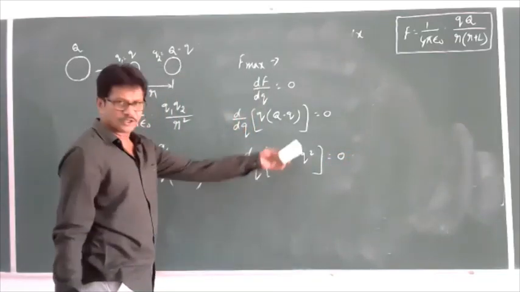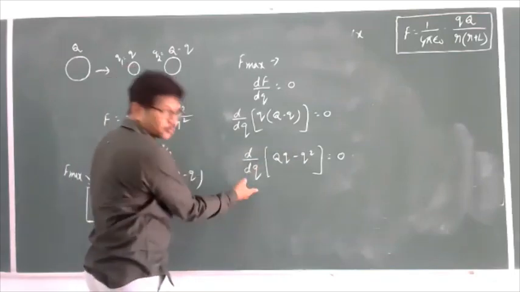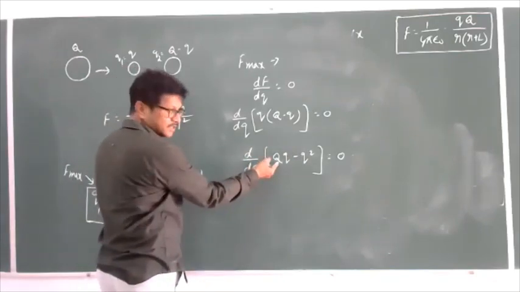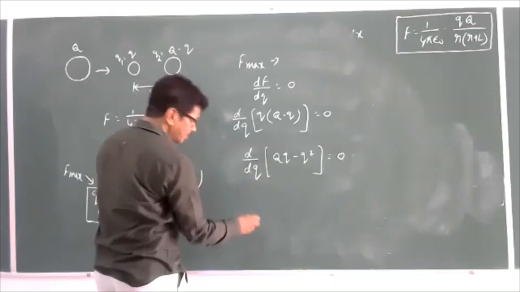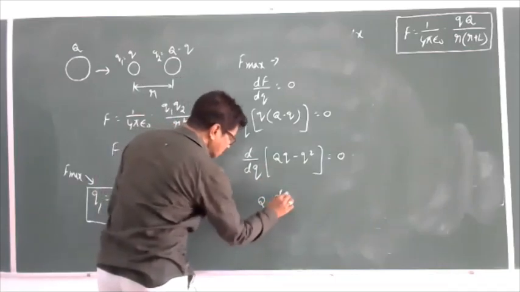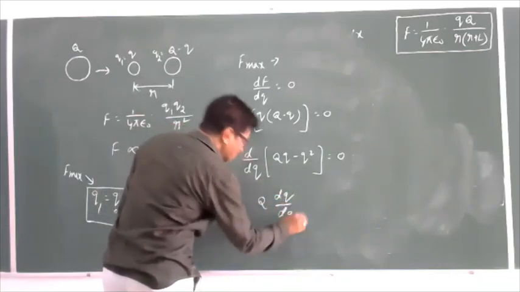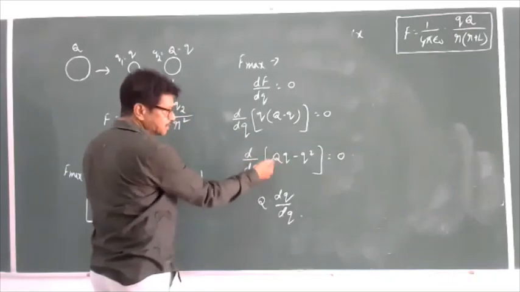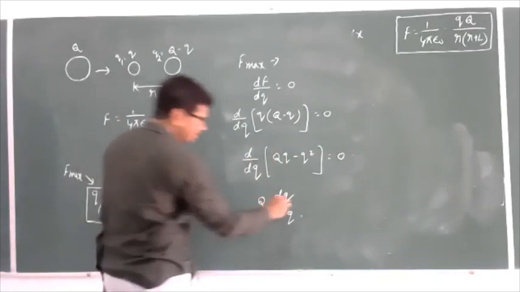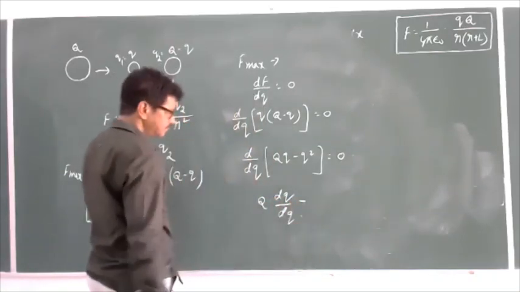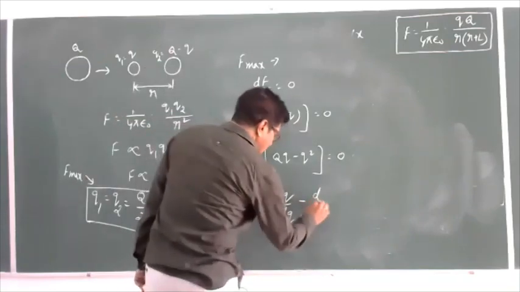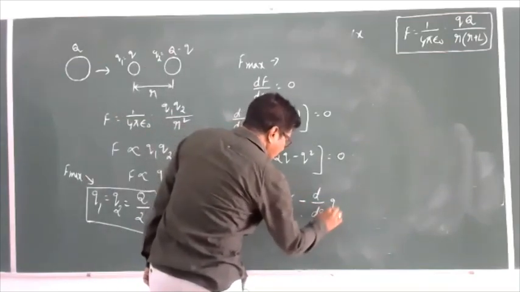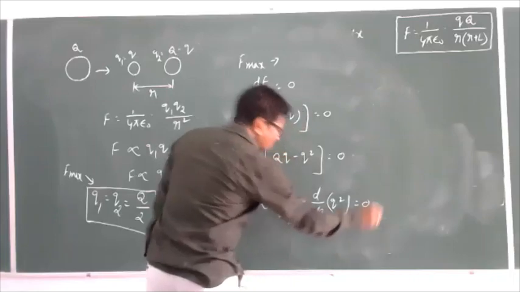Now you do the differentiation with respect to small q. So here, capital Q is there. So q into dq by dq, capital Q is a constant, minus d by dq of q square is equal to 0.